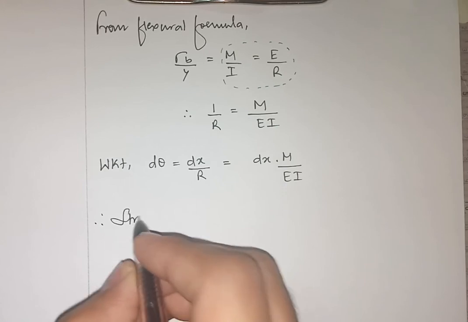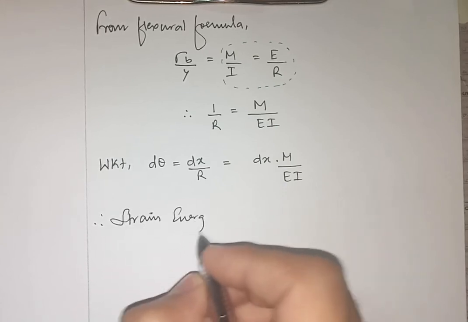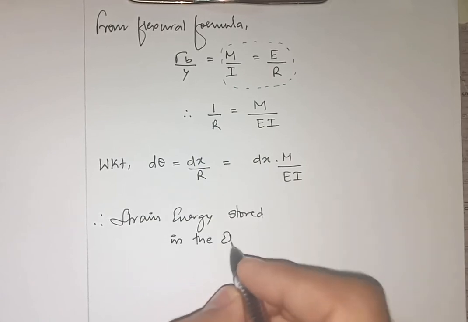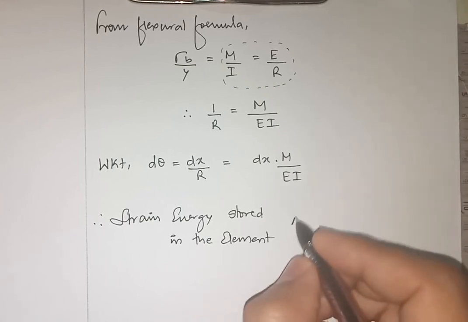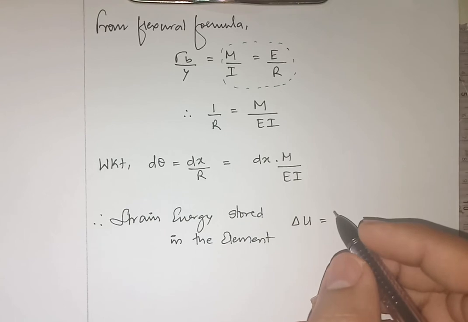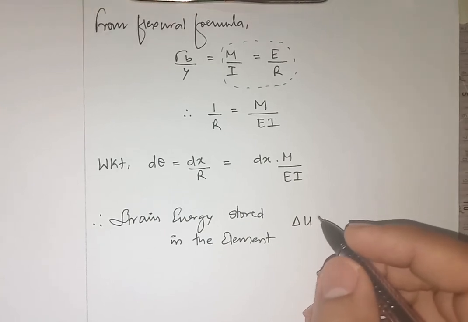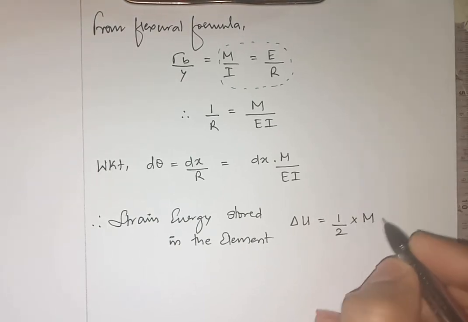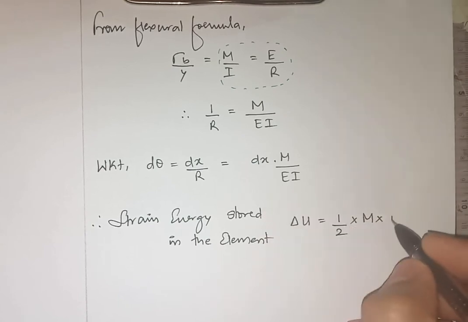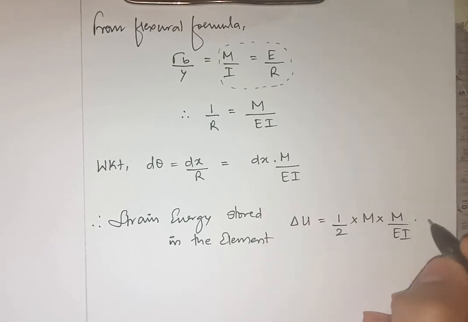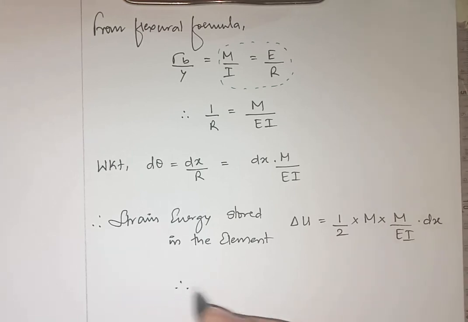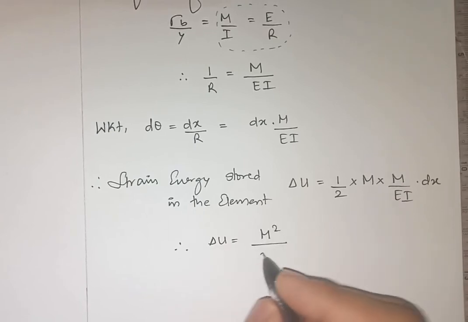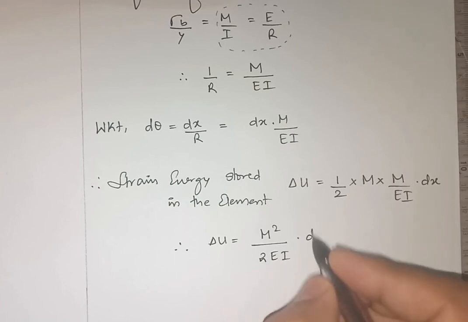Therefore strain energy stored in the element, delta u, is 1 by 2 into M into d theta. The d theta value is M divided by E into I into dx. So delta u is equal to M square divided by 2 times EI into dx.